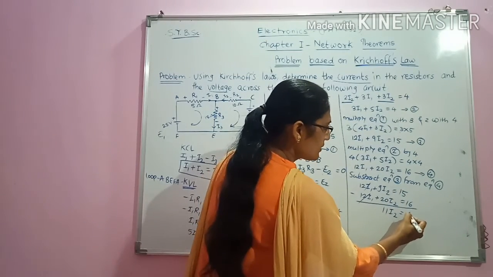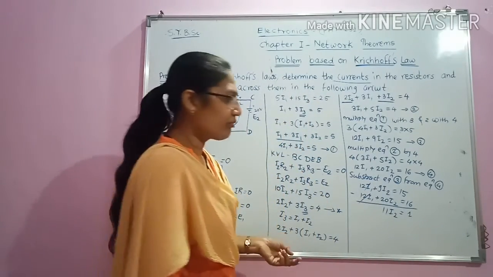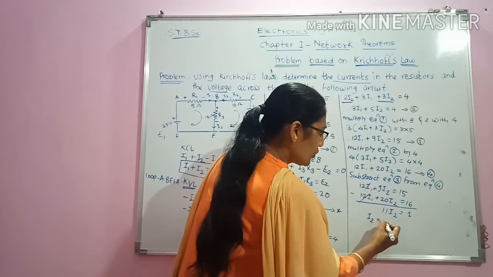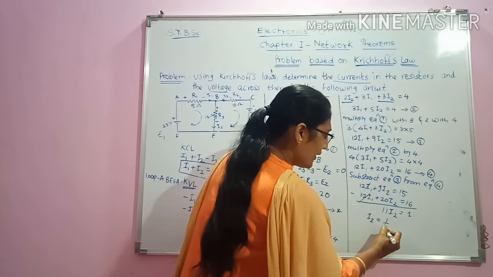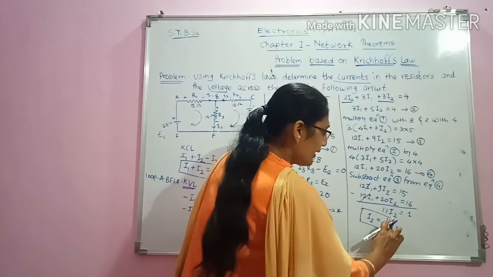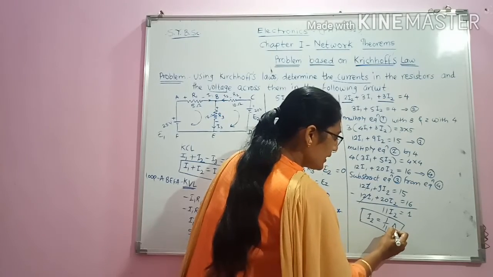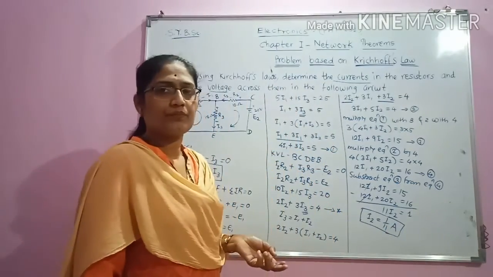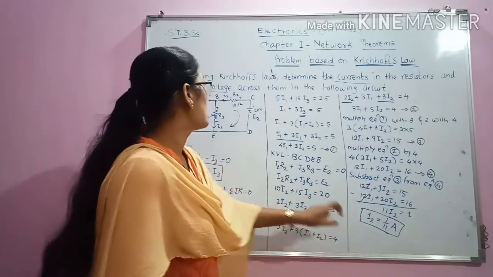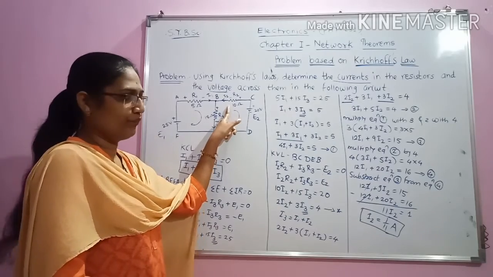It gives us 1. So we have obtained I2 is equal to 1 upon 11. The value of I2 is 1 upon 11, and as it is current, it is in ampere. So we have obtained the value of I2, that is the current flowing through resistor R2.